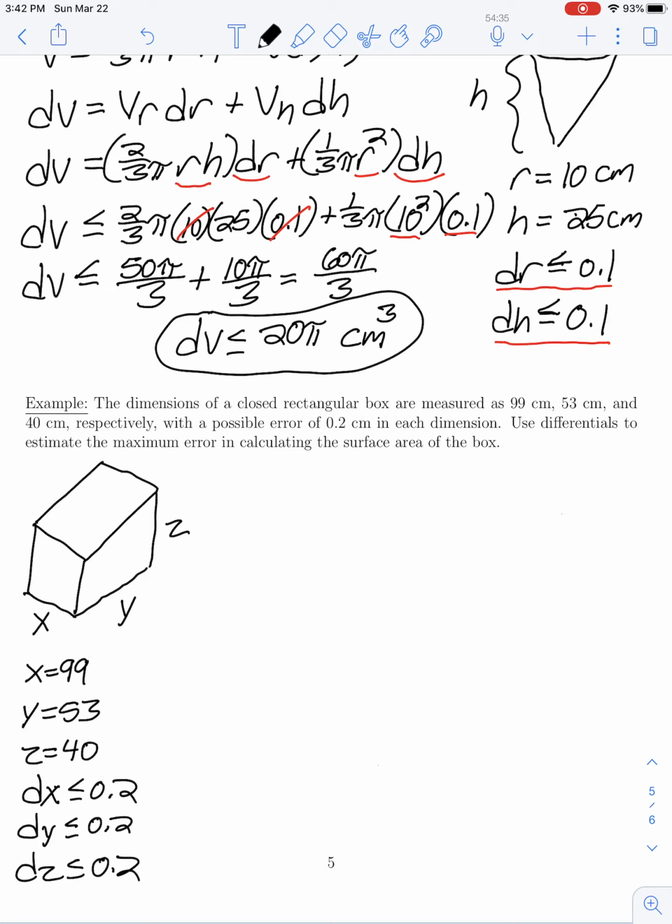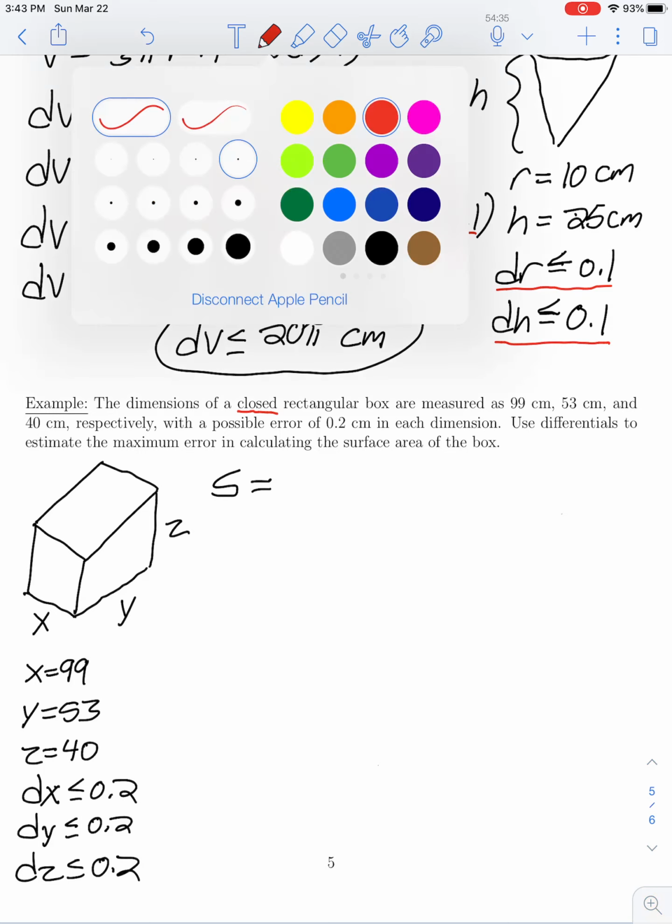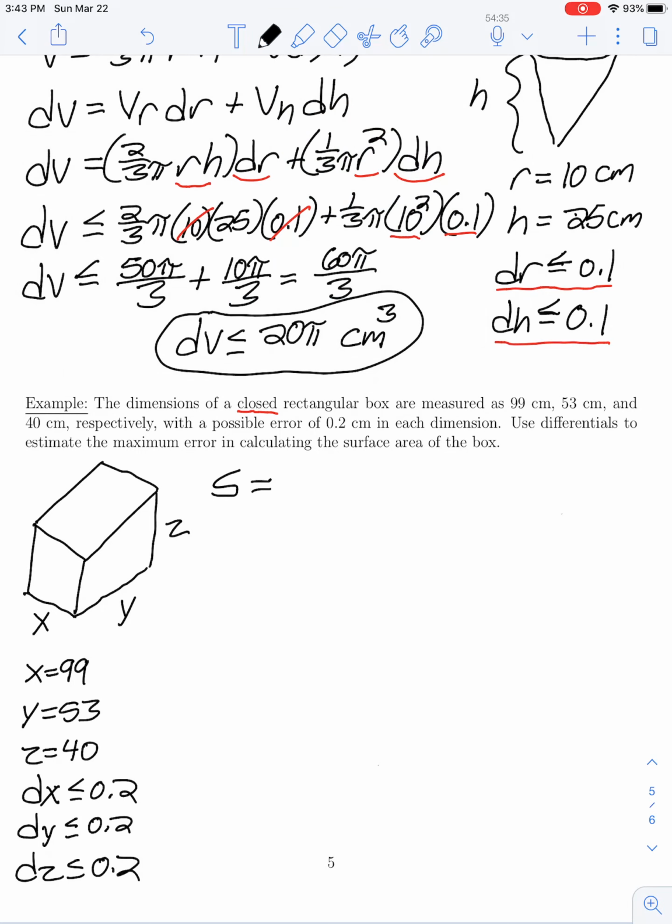So let's think about how to find our surface area. We'll call this function S for surface area. And we were told it was a closed rectangular box in the problem statement, so it has a top. So the surface area of this box would be found by adding the area of all of our sides.